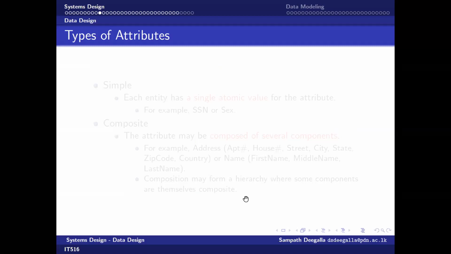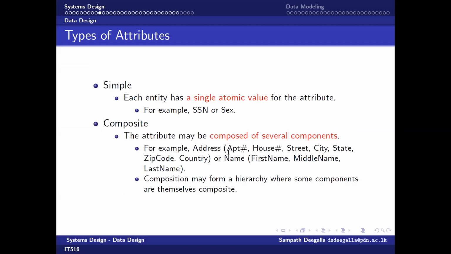If you look at the types of attributes, there are simple attributes like social security number. It's a single atomic value. And then there could be composite attributes. For example, name has a couple of components, so we call it a composite attribute. You have several components.